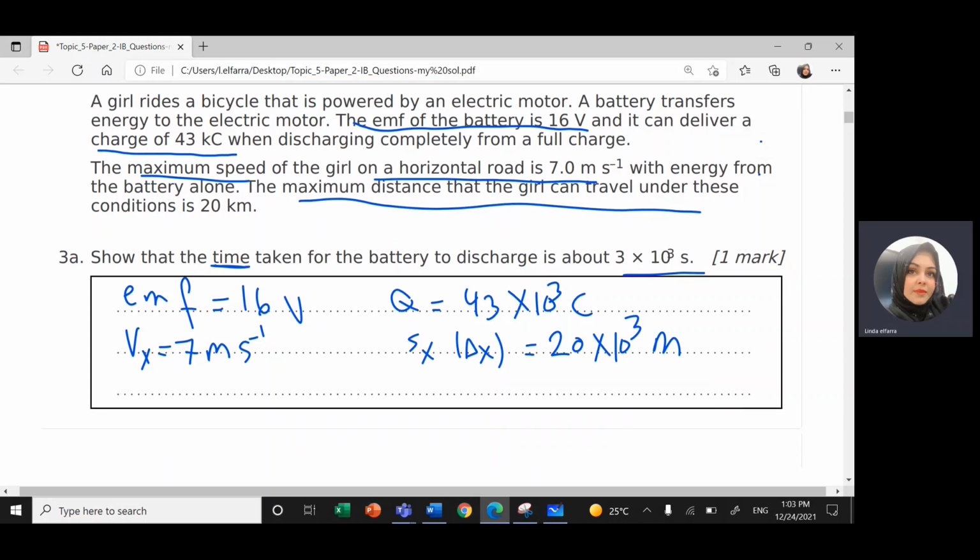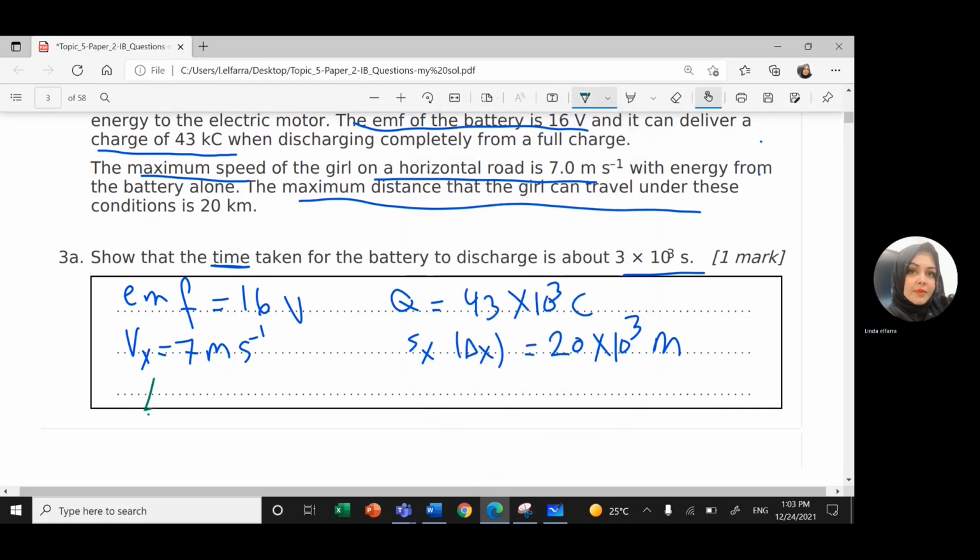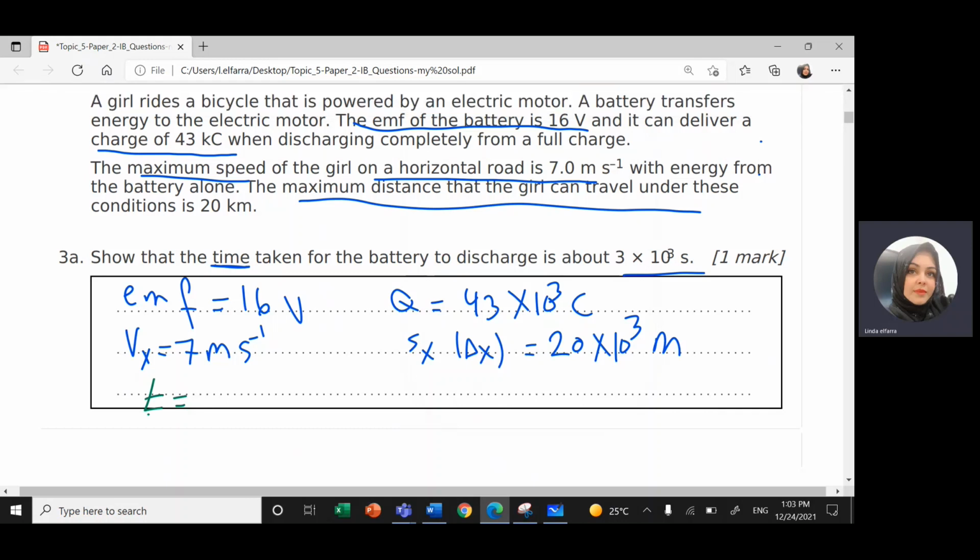So for time, just write the formula and substitute. Time will equal distance divided by the velocity in x direction. Distance is 20 times 10 to the power 3 divided by the velocity, or the speed, is 7.